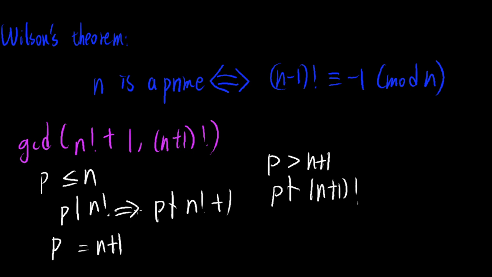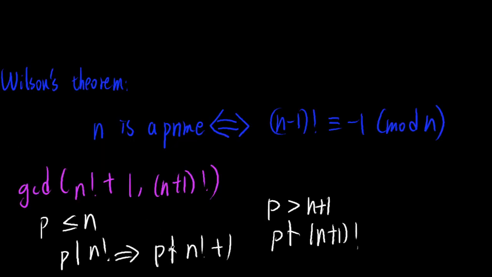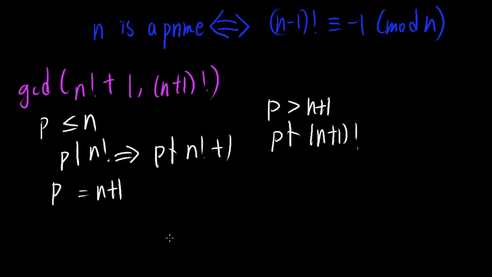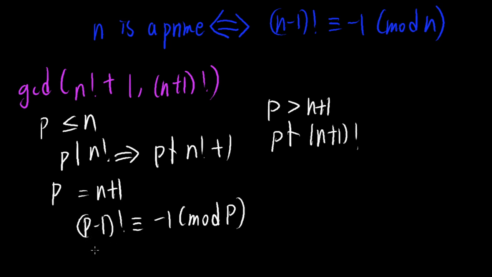If p is equal to n plus 1, we can use Wilson's theorem, right? If p is a prime, then we have p minus 1's factorial is equal to negative 1 mod p. When p is equal to n plus 1, we can substitute and we get n's factorial is congruent to negative 1 mod p, right?